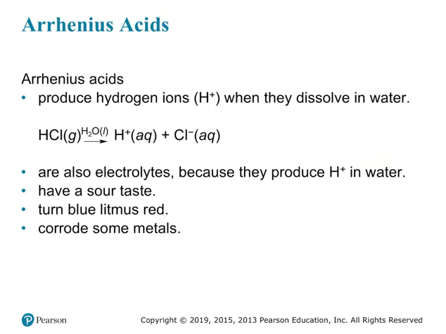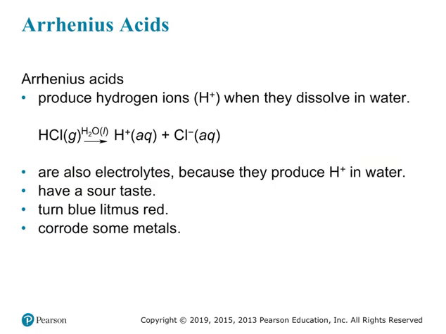But first, let's talk about what an acid actually is. We're going to use what's called the Arrhenius definition of an acid. There are other definitions which you'll probably learn more about in general chemistry, but for now, we're just going to focus on this definition. It's named after a scientist, Arrhenius.